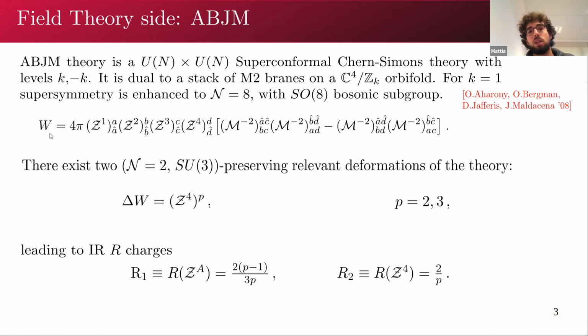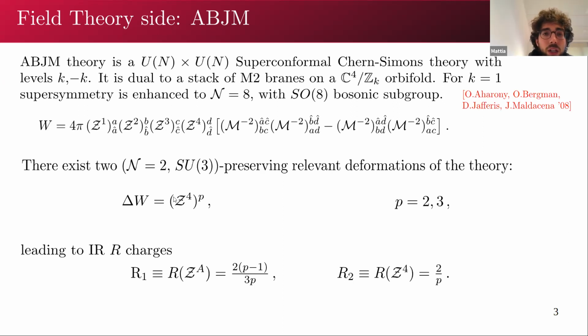This will anyhow turn out to be useful because we want to analyze the relevant deformations of this theory, which are N=2 and SU(3) preserving. One can implement this kind of deformation by adding to the superpotential powers of one of the chiral superfields, let's say Z4, where this writing is of course schematic because the gauge indices should still be properly contracted with some monopole operator.